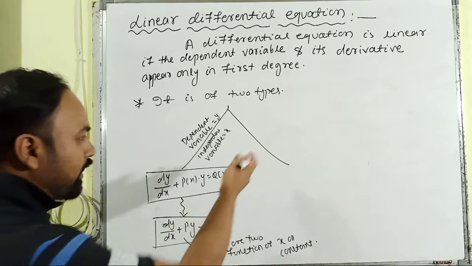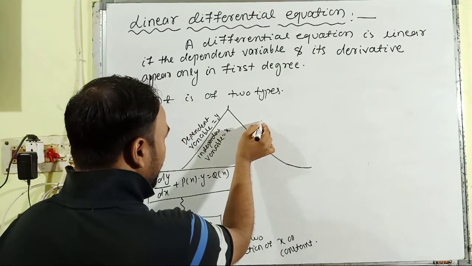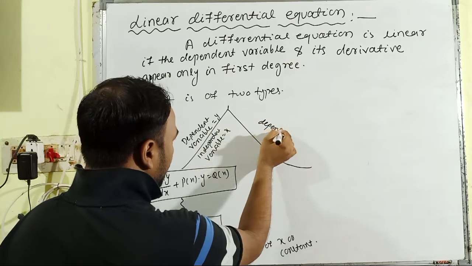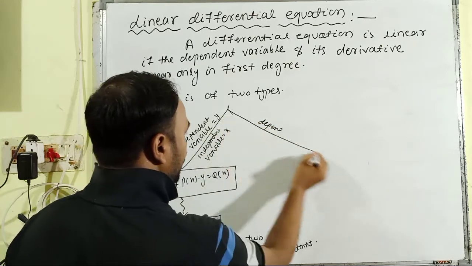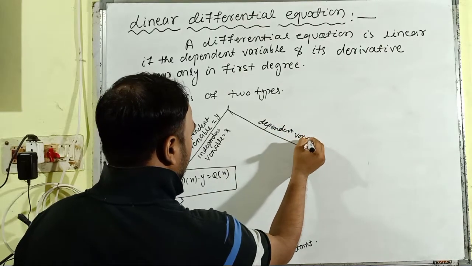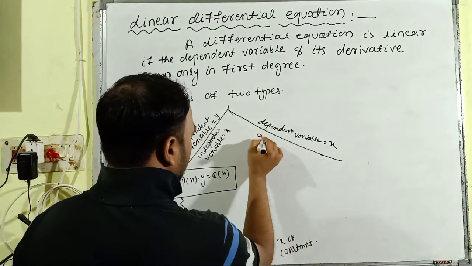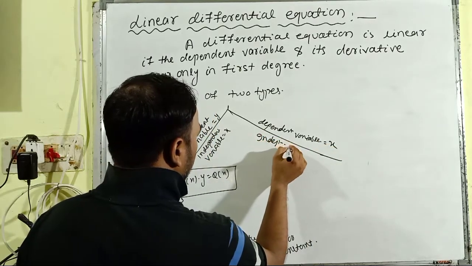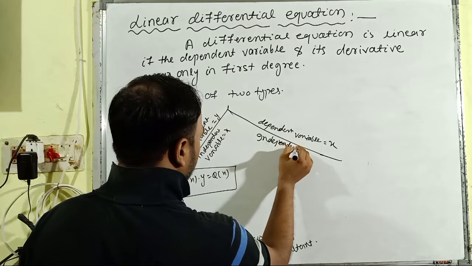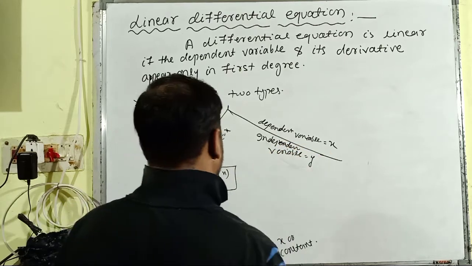Then moving to the second form: here the dependent variable is x, and the independent variable is y.